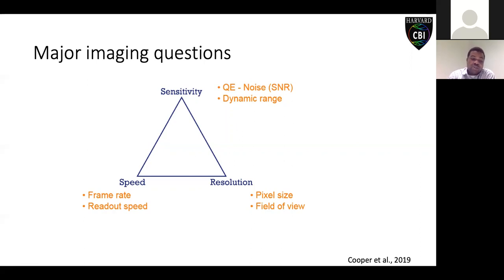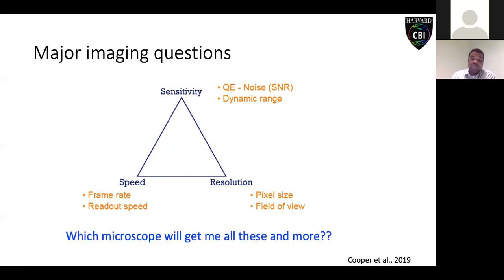Again, there are two things people think about in terms of speed: the acquisition speed, how fast can I acquire the image? And two, can I scan multiple places and capture images within a short time? So the big question is, which microscope will be able to get me all these things, and even do more for my experiment?